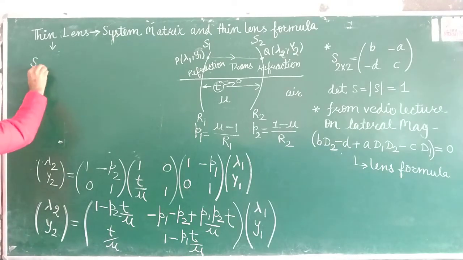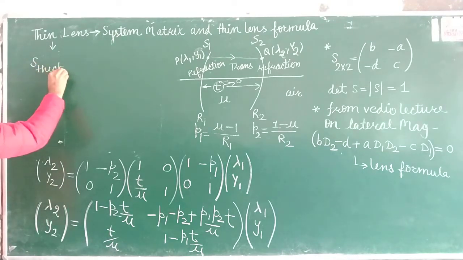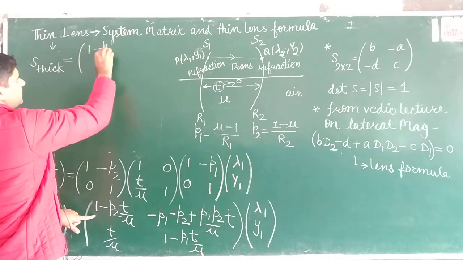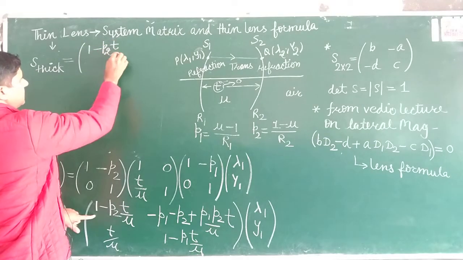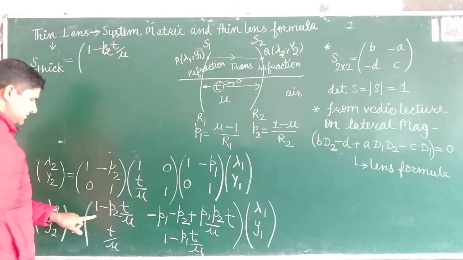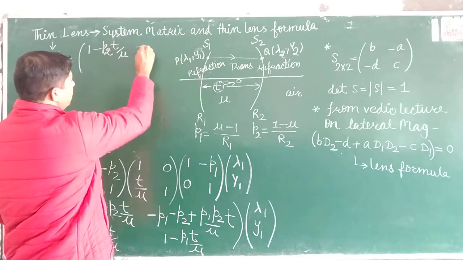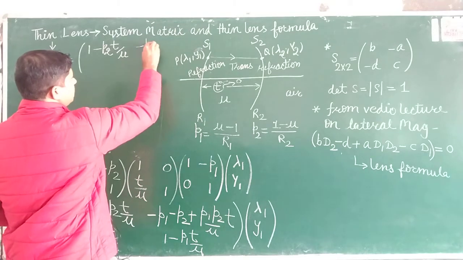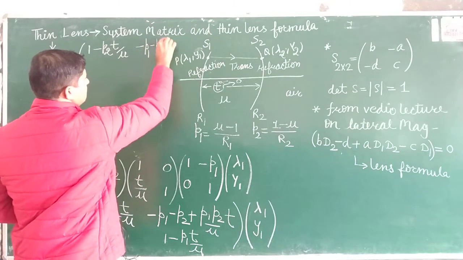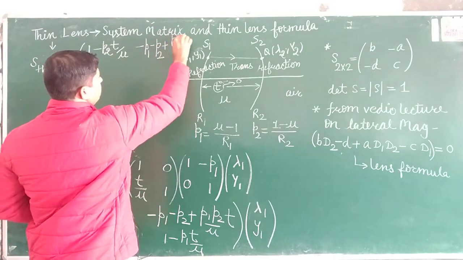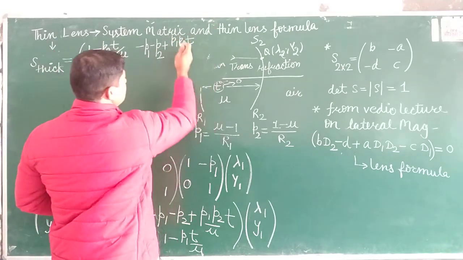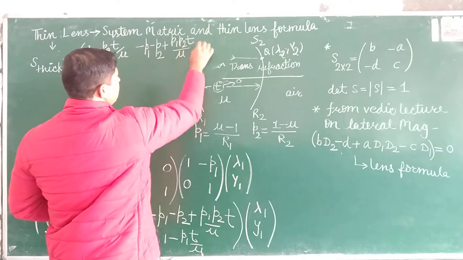So here we have the system matrix for the thick lens, and this is 1 minus P2 into T divided by the refractive index of the medium of the lens, and then you have minus P1 minus P2 plus P1 P2 into T divided by refractive index.